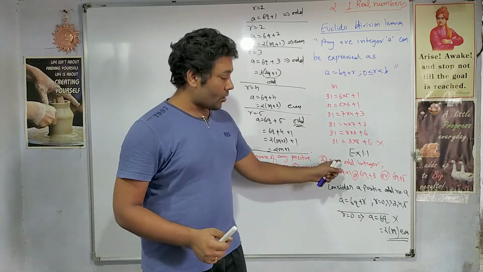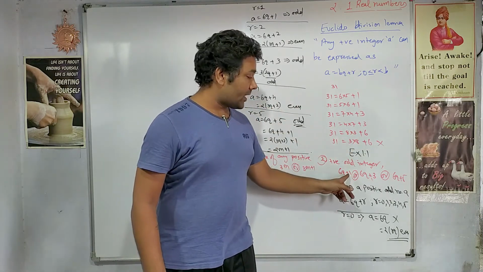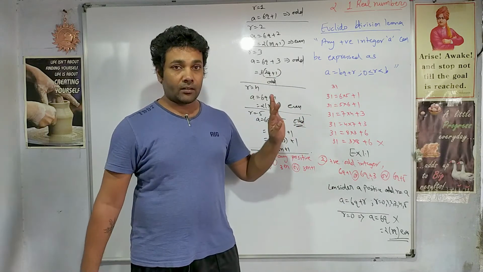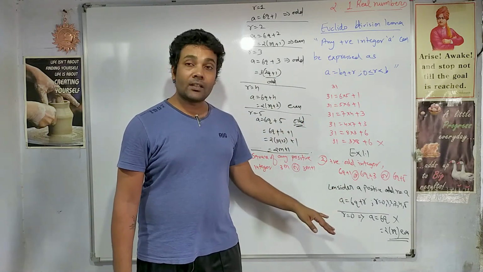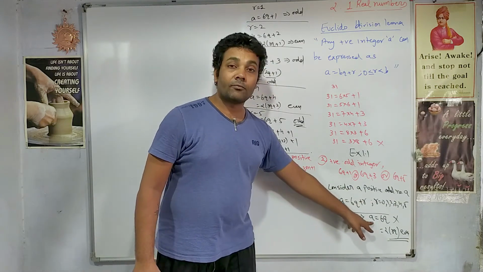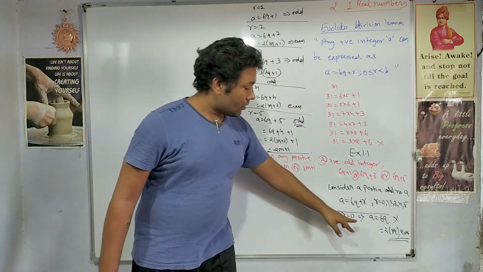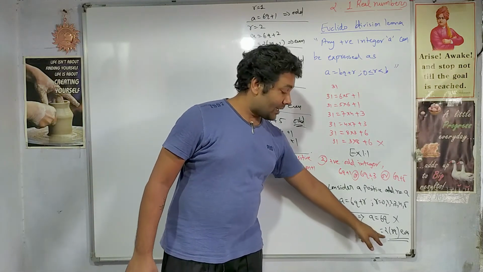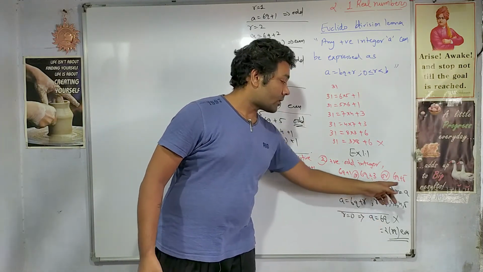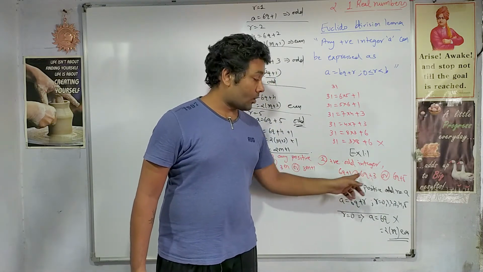Here what the question was, any odd integer you take, it can be represented in this format. So we considered odd integers by selecting various values of r. This is one integer, this is another integer, this is another integer. Now for this integer, this is even, it does not stand in this given format.